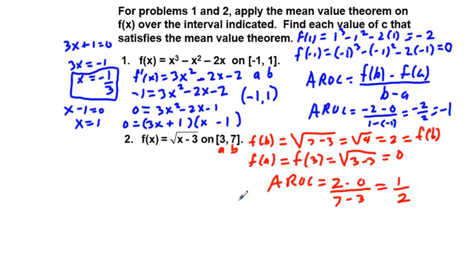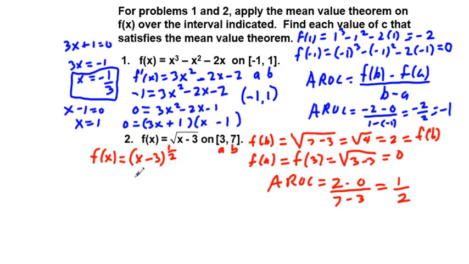So now we're going to take this function, f of x equals square root of quantity x minus 3, and rewrite this as, pre-calculus rewrite, f of x equals x minus 3 to the power of 1/2.